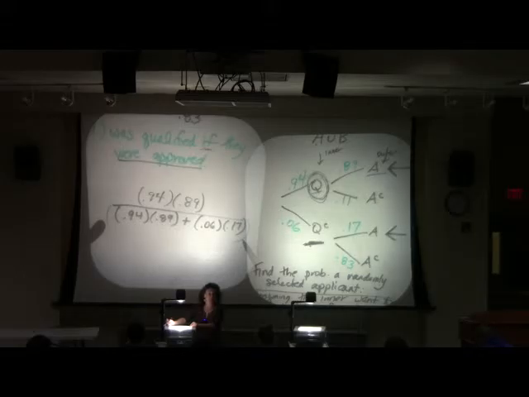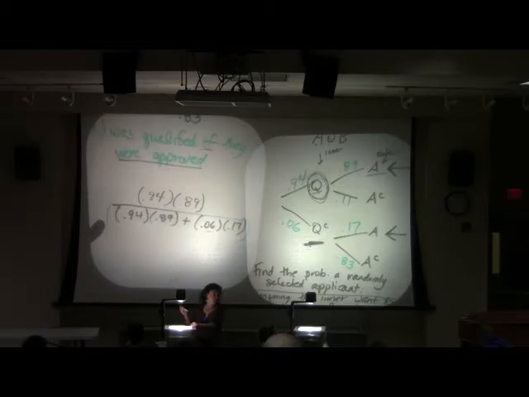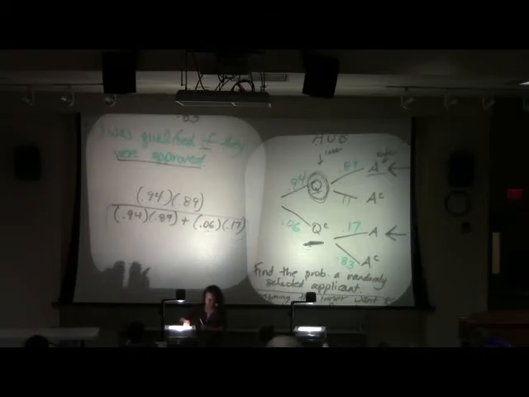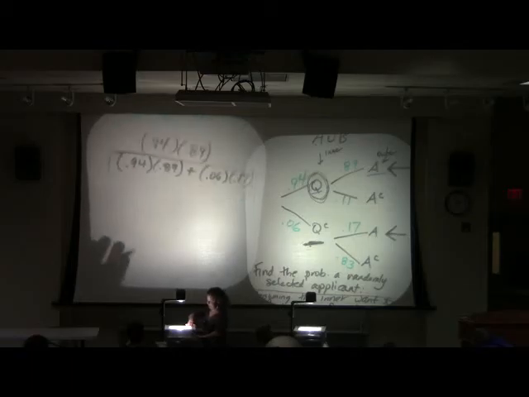Your calculator knows its order of operations. All right? And if you just enter this as it stands, 0.94 times 0.89, divided by 0.94 times 0.89 plus this, it would divide before it would add, and you get a probability greater than 1. There's problems there. Okay? So, here is my moral of the story, and then we're going to do one more example.